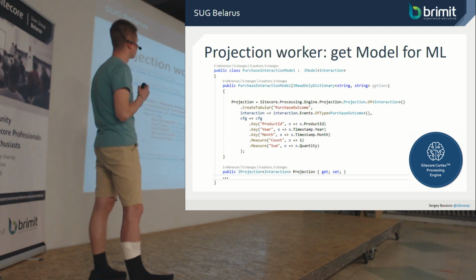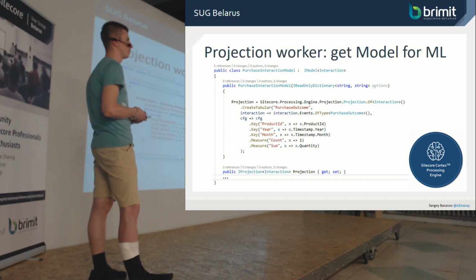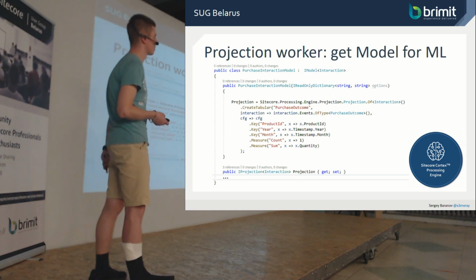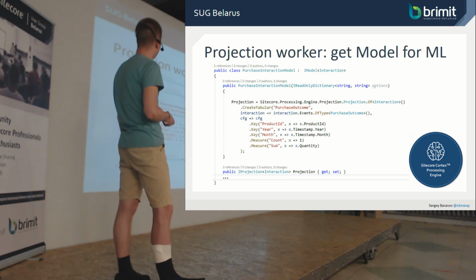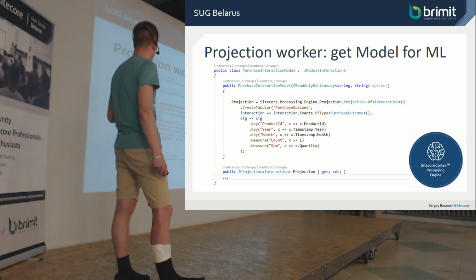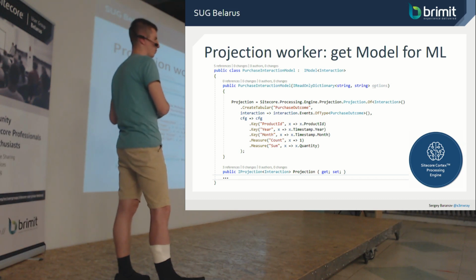If we need to extract our data from any external source, we have to implement our own data provider. In our case, we want to extract our interactions, filter only our outcomes that we have, and create a tabular data set, as I showed you before.